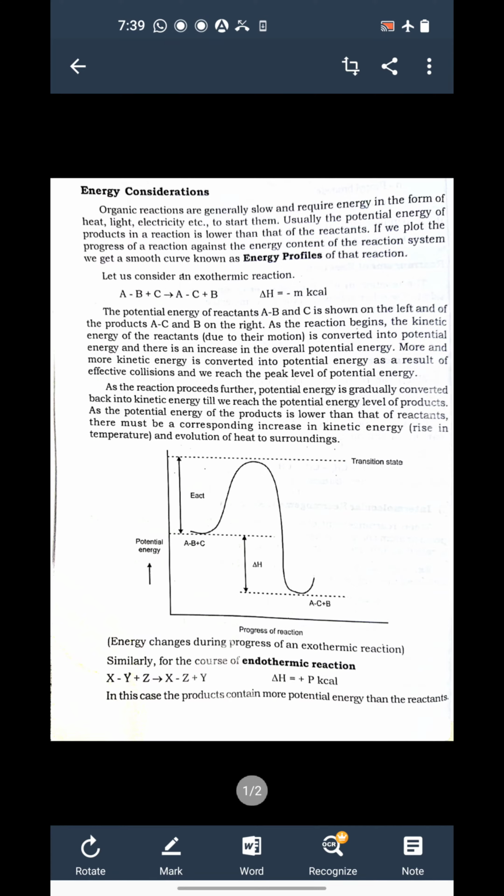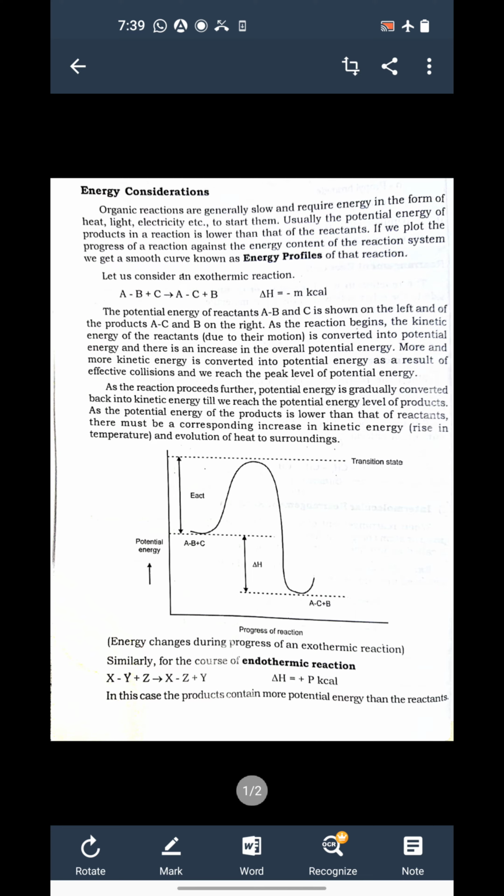Hello dear students, yesterday we discussed the types of organic reactions. In this chapter, unit number 1, we are studying the different concepts of how any reaction takes place, and how many different phenomena take place at the same time.